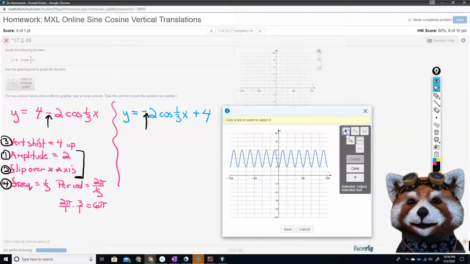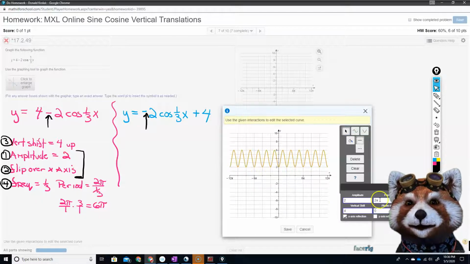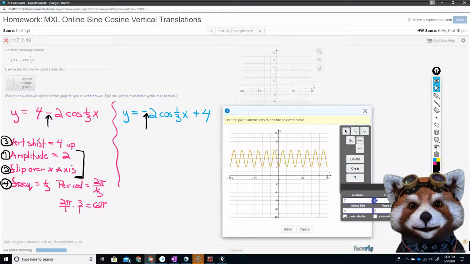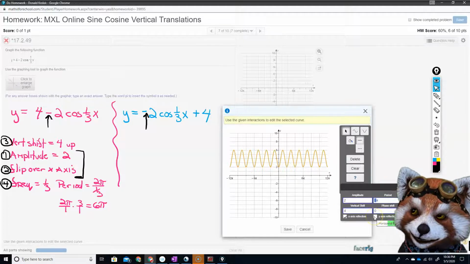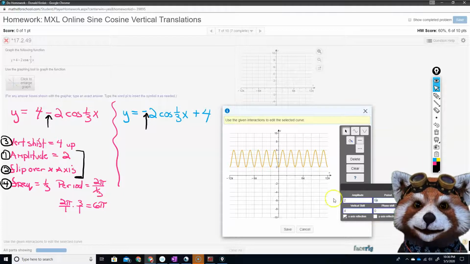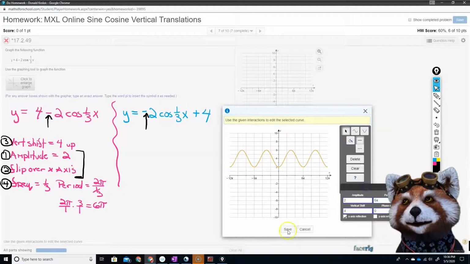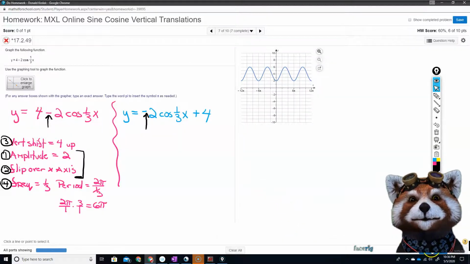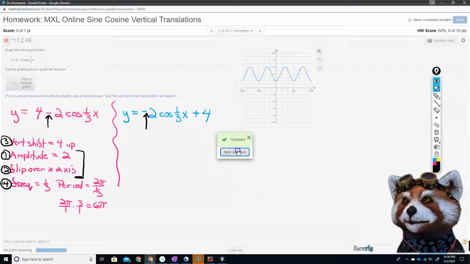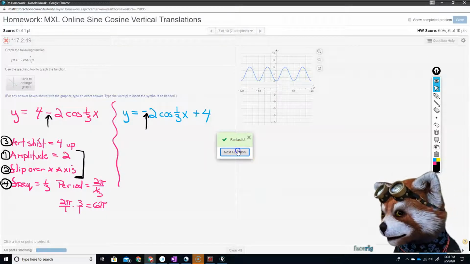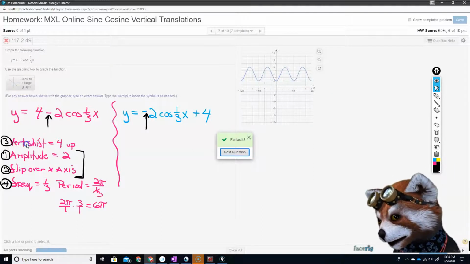No, not yet. Okay, there we go. Okay, and I want to make that 6 pi. There we go. Save it. And there's our graph. So the order is important. Always, if there's any flipping going on, do it before you do any shifting up or down.